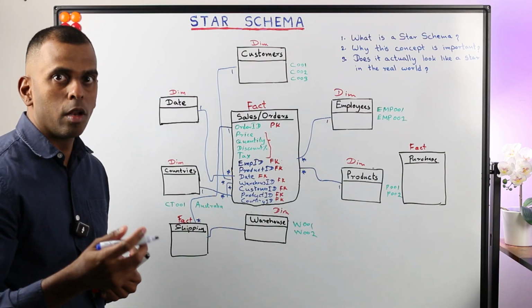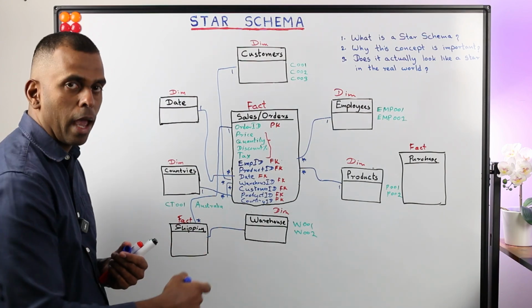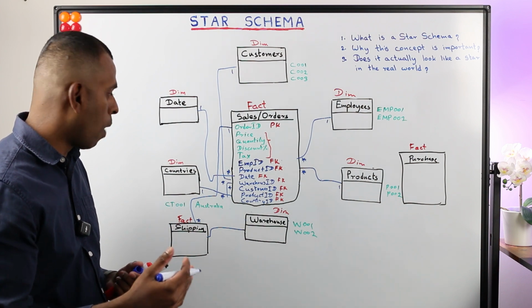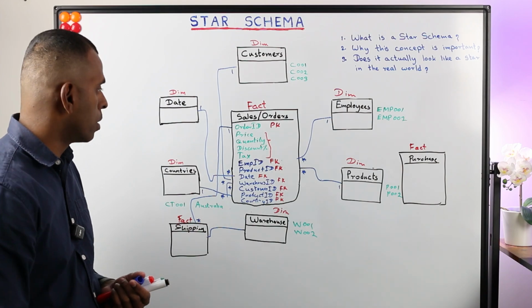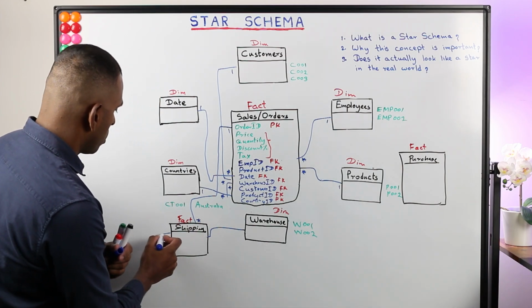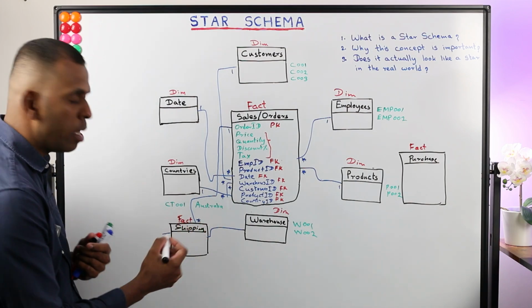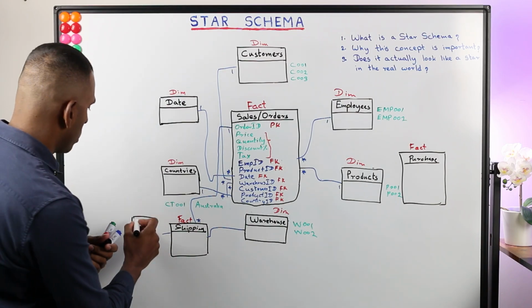In a single order, there can be more than one product, more than one parcel, or a couple of different deliveries can happen, just like that. And the shipping table can have dim tables like delivery company.